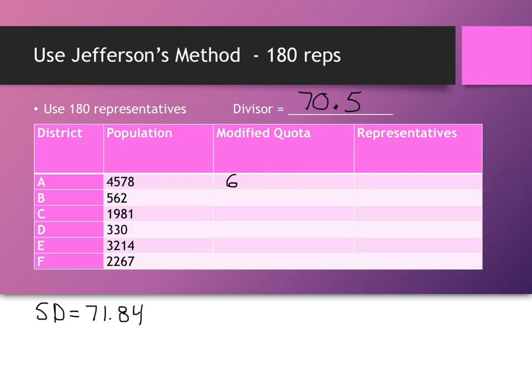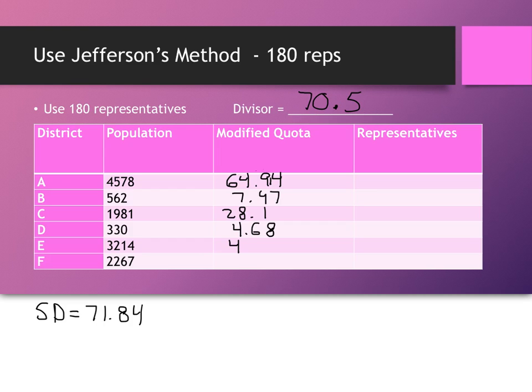They are 64.94, 7.97, 28.099 or 28.1, and 4.68. In Jefferson's method, I don't have to worry about how I round these.